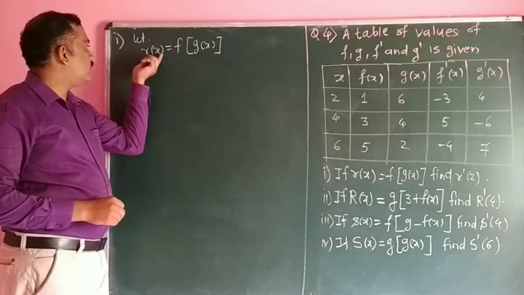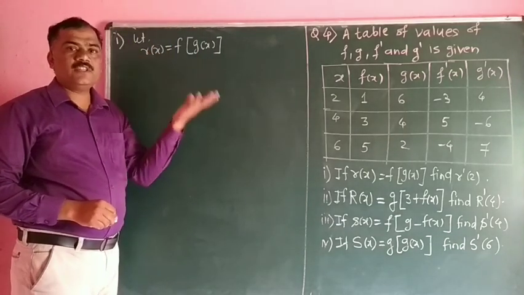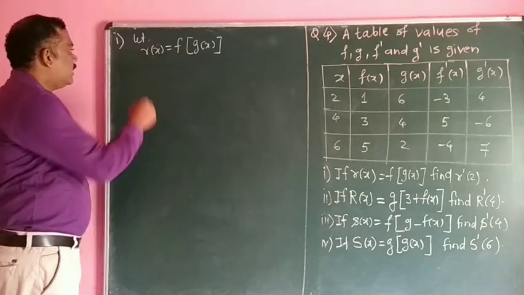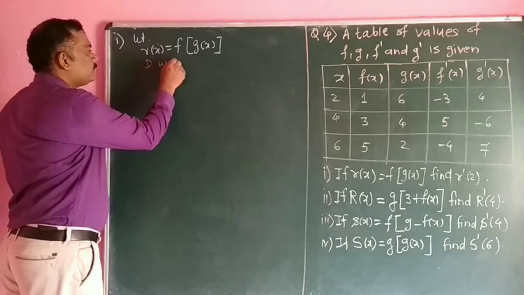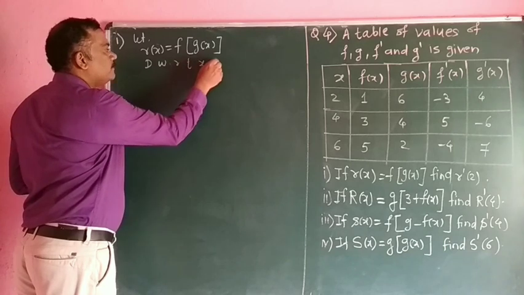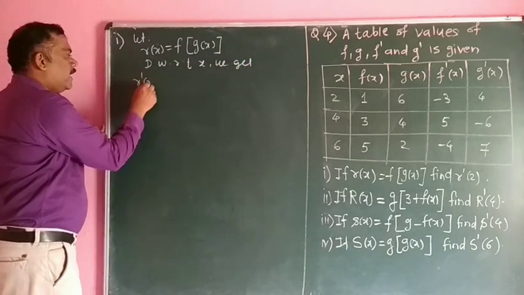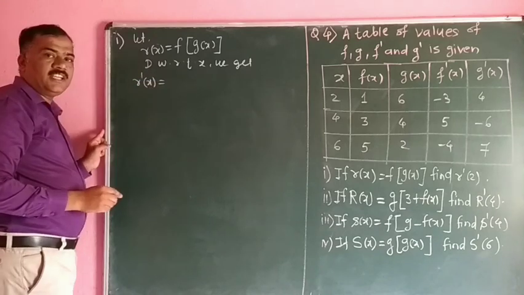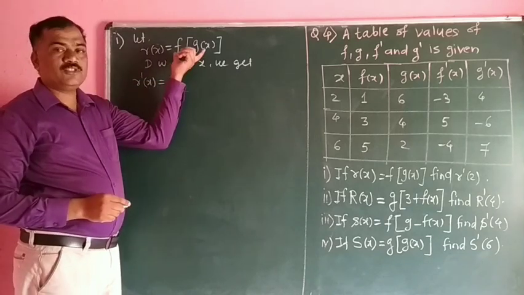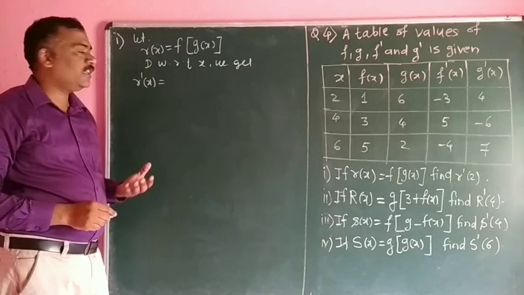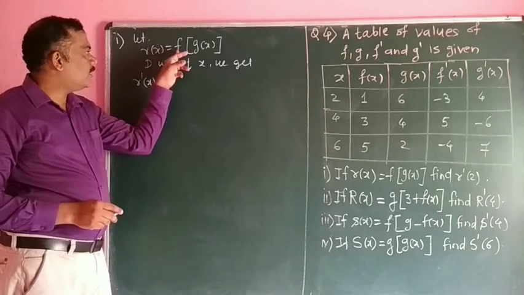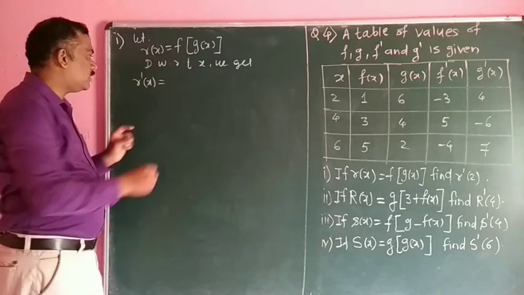First of all, we have to differentiate r of x with respect to x. What do we get? R dash of x is equal to, by using the derivative of a composite function, and this is a composite function, first we differentiate f with respect to x.